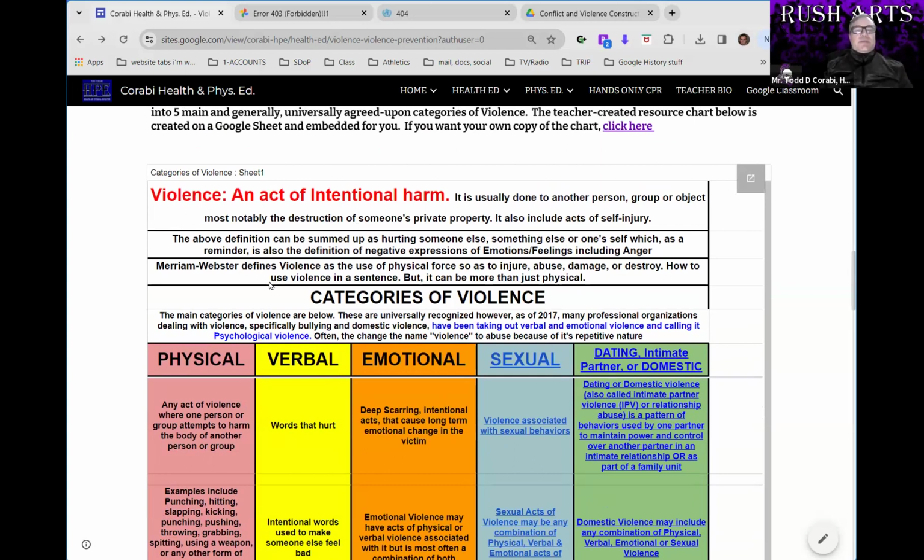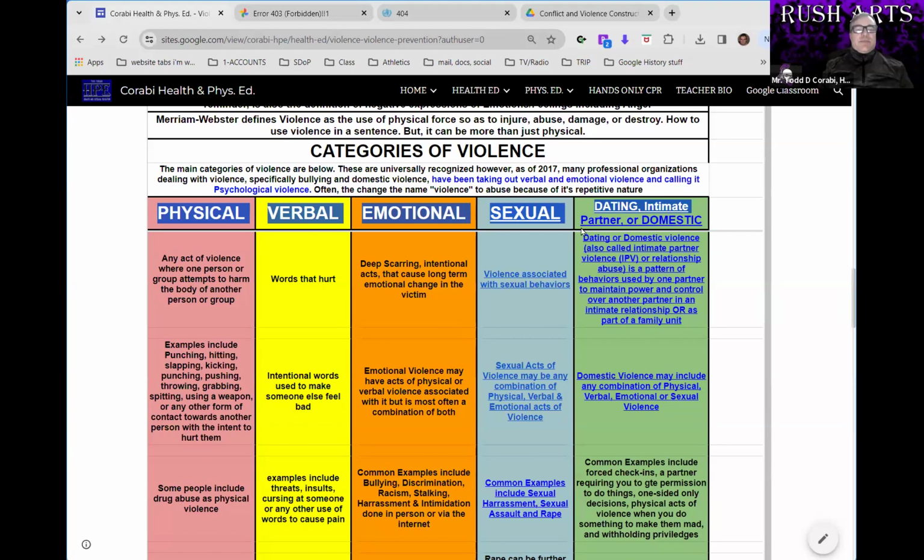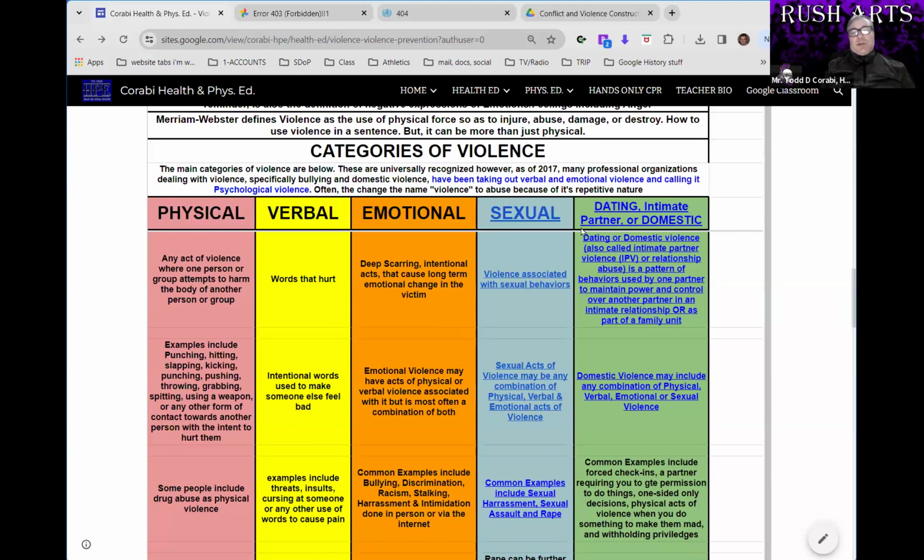So now we have a Merriam-Webster definition, the World Health Organization definition, and the middle school act of intentional harm definition. And then the categories of violence, if you were in middle school, you heard physical, verbal, emotional. You probably had sexual violence as a category. And most middle school teachers won't include dating, intimate partner, or domestic violence.